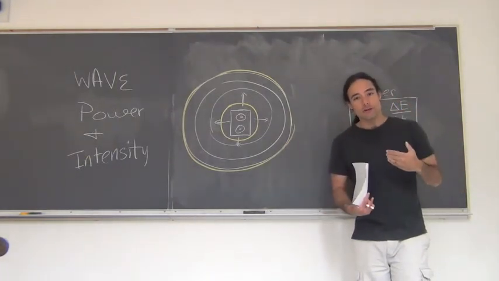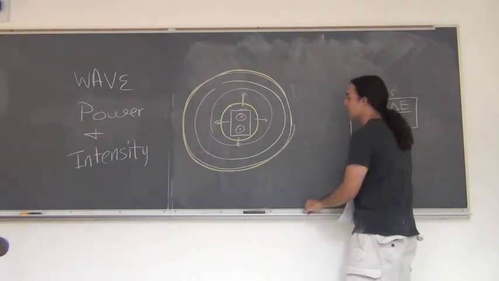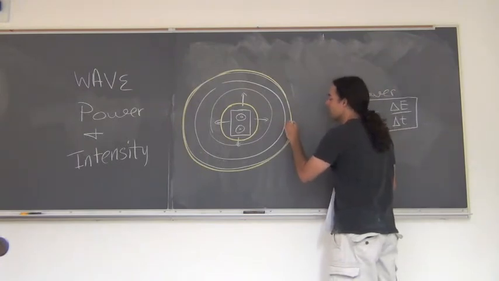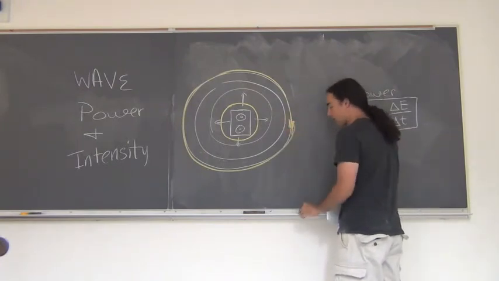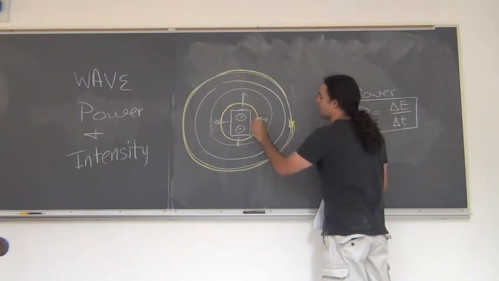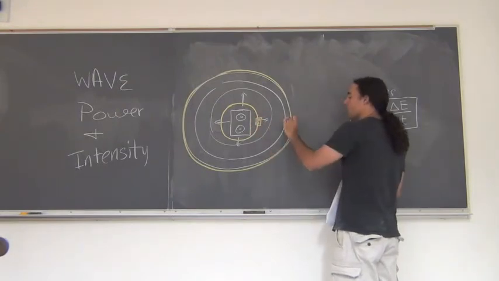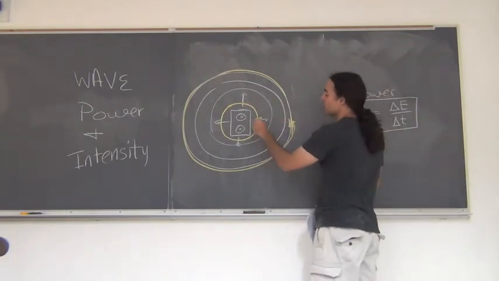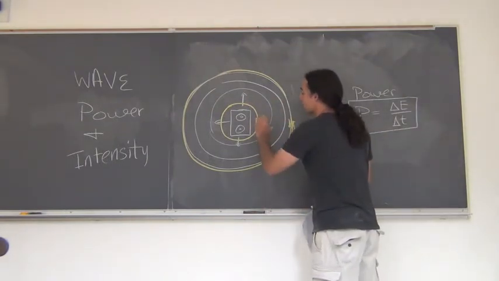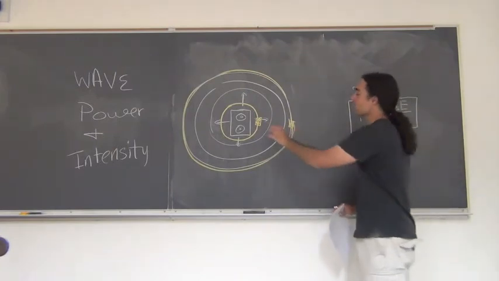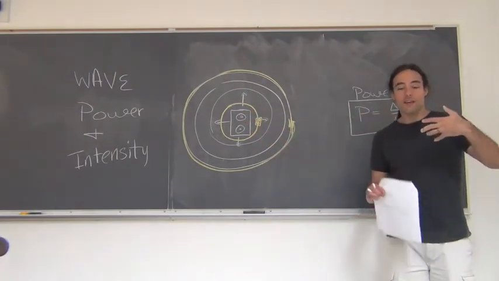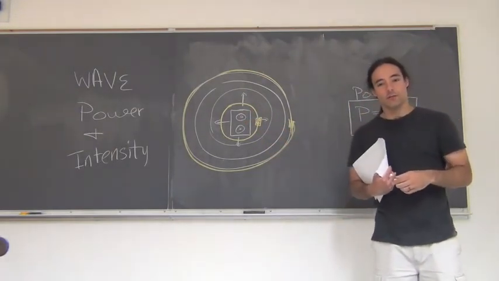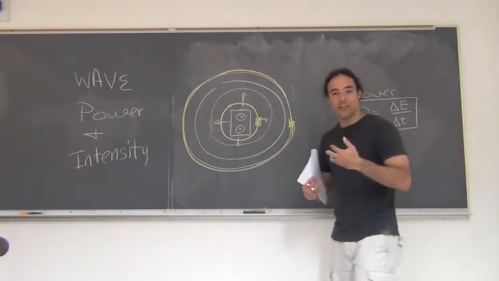So the amount of energy that we have in a given unit of area, let's say I take some area that's that big. Well, this is a small percentage of the big sphere, but the same size area is comparatively a larger percentage of the smaller sphere. So we're losing the density of energy. Our energy is getting less and less dense.